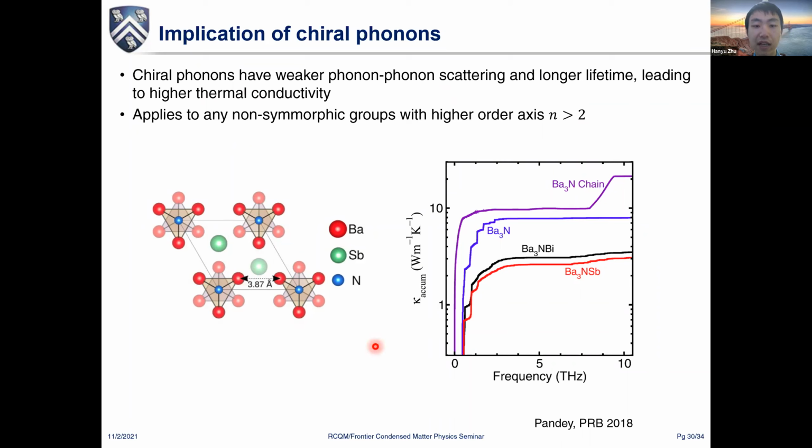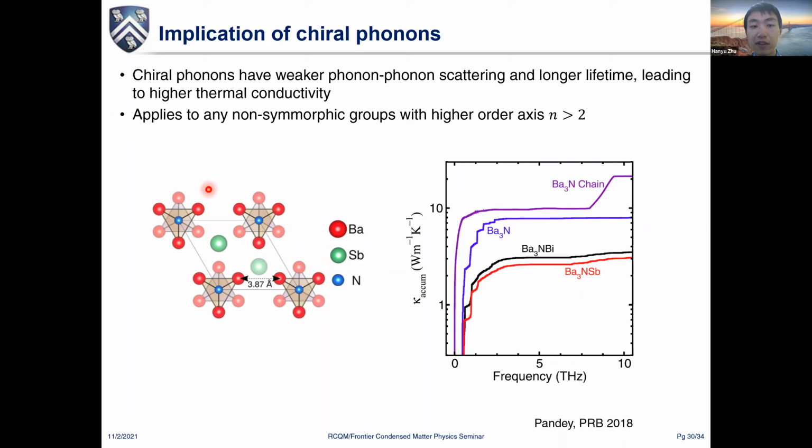So here is an example from first principle calculations. You have lines of atoms that propagate heat along these atomic chains. The chain itself is helical symmetric, so it supports chiral phonons.